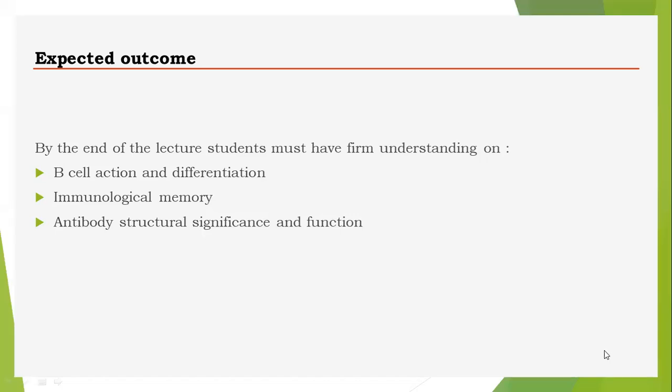And like I said, the interrelation with the adaptive immune system, and what feedback mechanism is the adaptive immune system giving to ensure a comprehensive and effective response to this particular infection that might occur. So it's very, very important that we have a firm understanding of this particular concept.